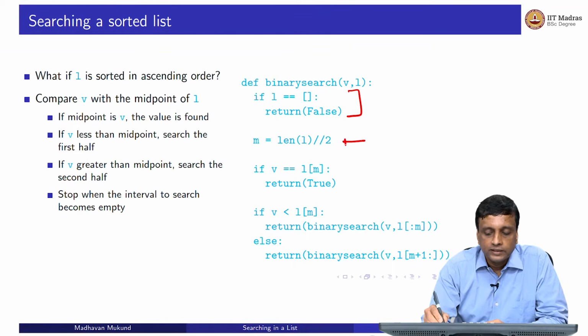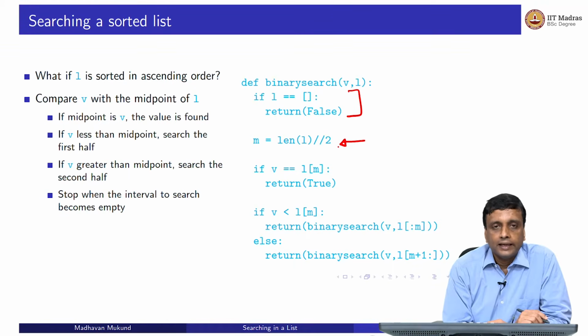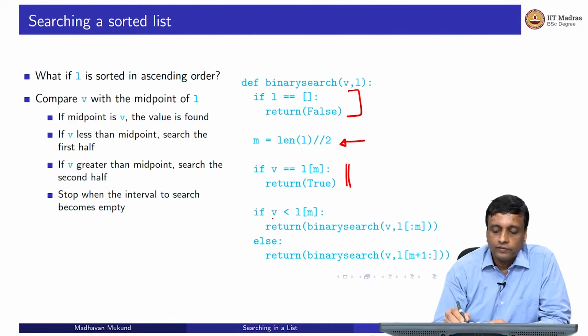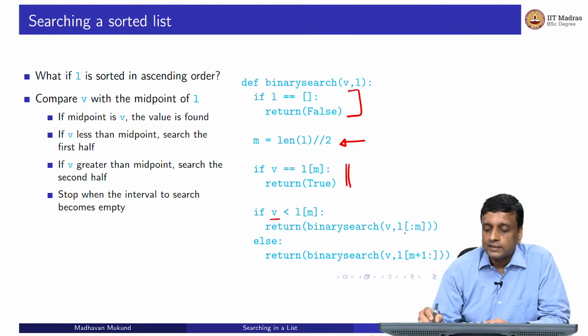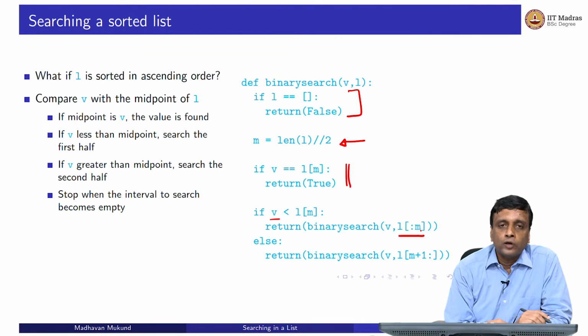Otherwise I use this integer division to get the length divided by 2 as the midpoint. I check whether the midpoint is the valid one. If the midpoint is equal to v, then I return true. If this is not the case, then I must now decide whether to go left or right. So the value I am looking for is not the midpoint, so it's either strictly less than or strictly greater than. If it is strictly less than, then I will search in the slice up to but not including the midpoint.